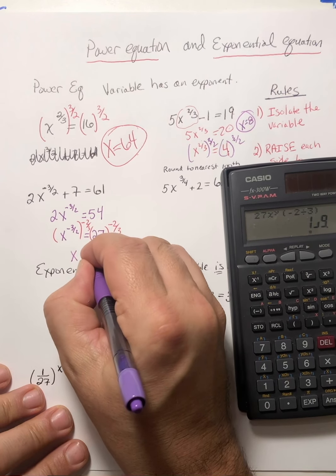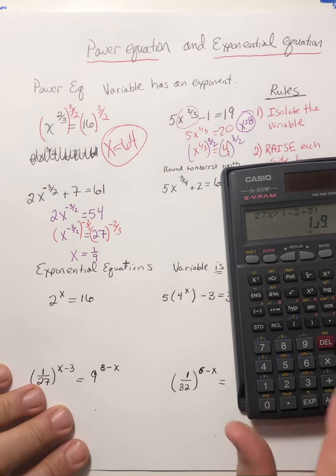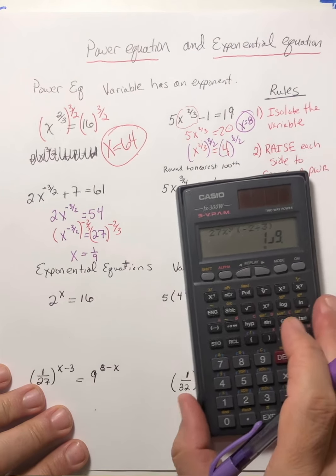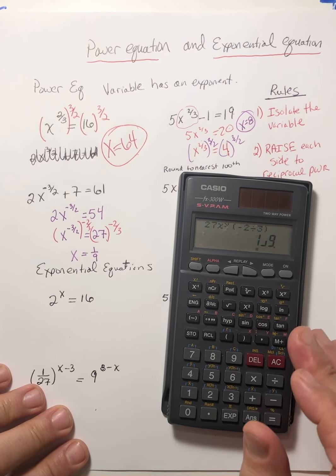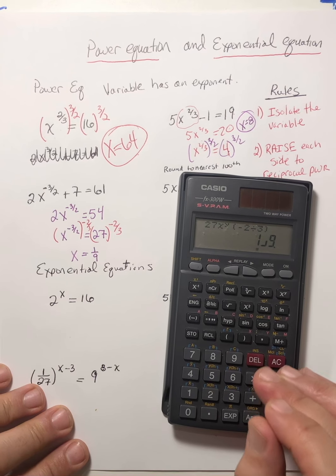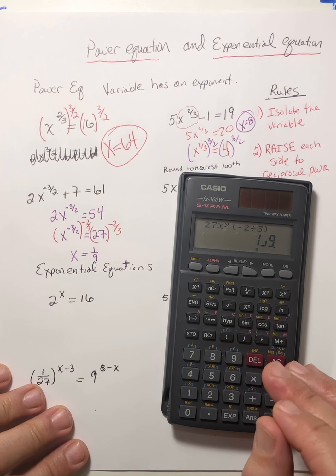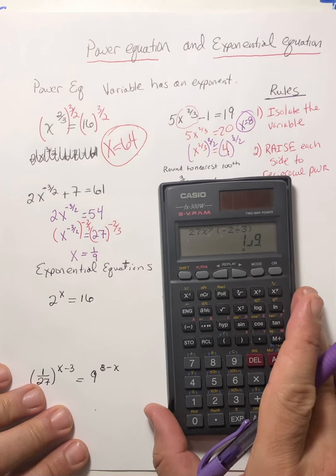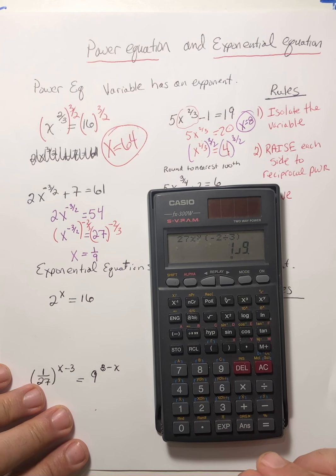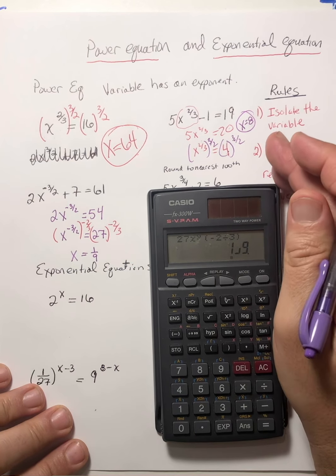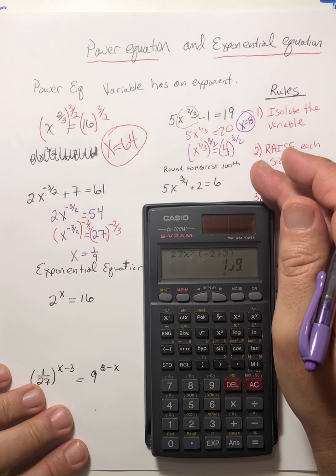X equals 1/9. So now you guys need a graphing calculator, or I told you on your phone you can download Calculator X. Download the one that looks like a graphing calculator. It'll do everything that your TI-84s will do. It'll take care of all of our needs.